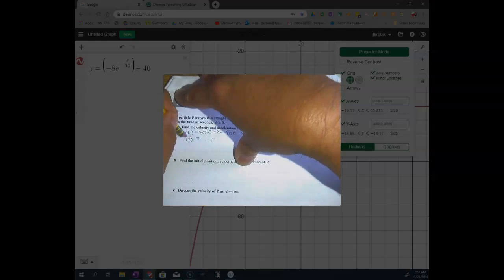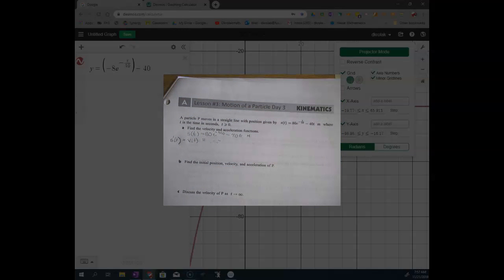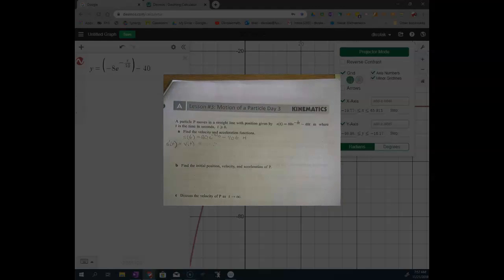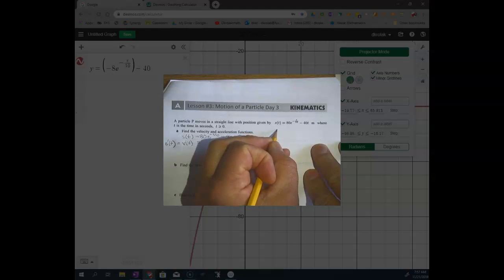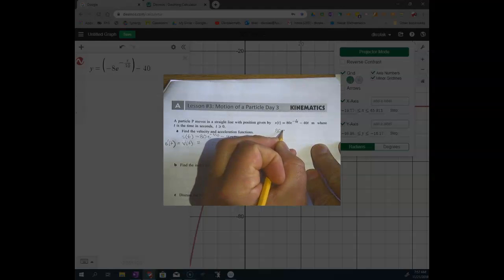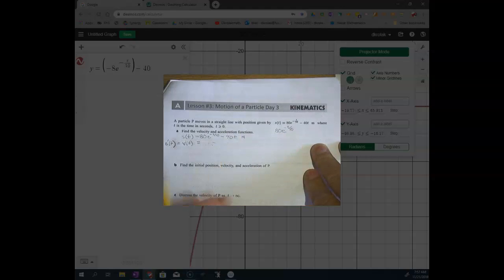We know we're going to take the derivative of the position in order to get the velocity. All right, so we got to do our derivative here. The derivative of 80 times e to the negative t over 10.